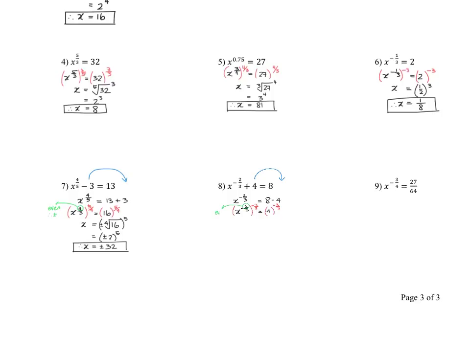So if it's an even number, that means we're going to have plus and minus, right? Keeping that in mind, x is equal to plus or minus the square root of 4 raised to the exponent of negative 3. So positive and negative square root of 4 would be positive negative 2 raised to the exponent of negative 3.